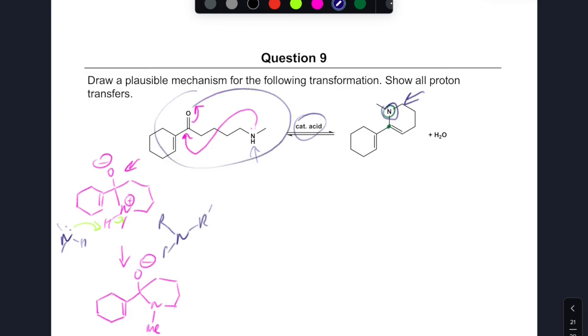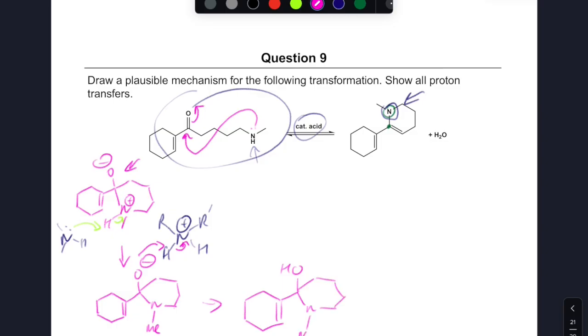And that's going to act as my source of acid in order to get back to the next stage. So that's going to give me back my tetrahedral intermediate, OH, methyl, like this. So now we're neutral.